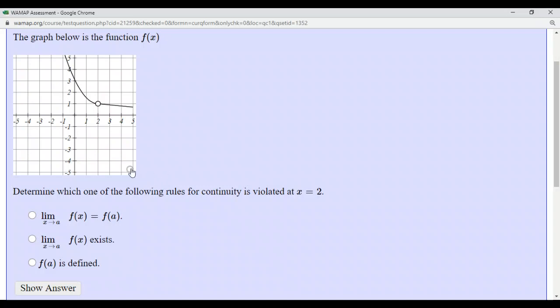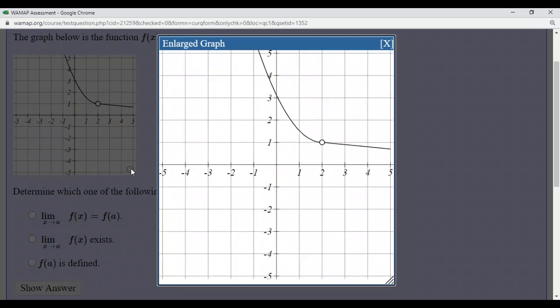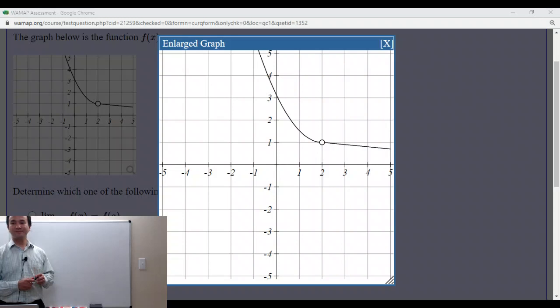Now let's bring up the graph a little closer. For example 2 part B, once again we want to find out, can we substitute x equals 2 into the function?